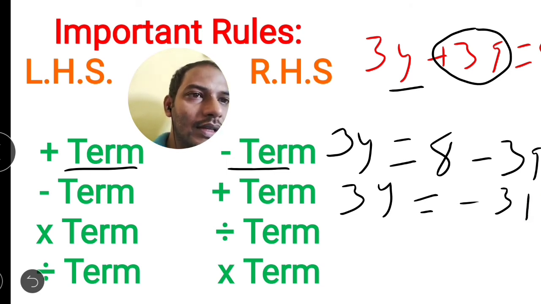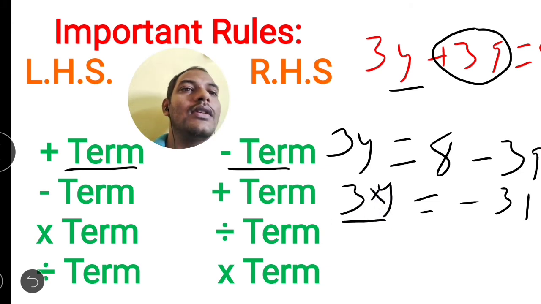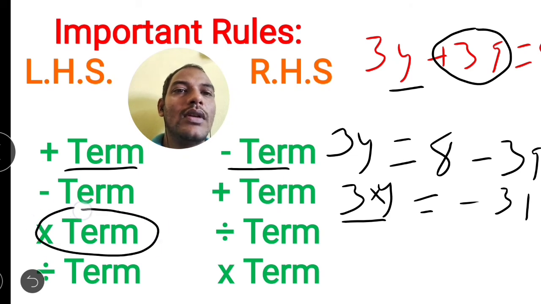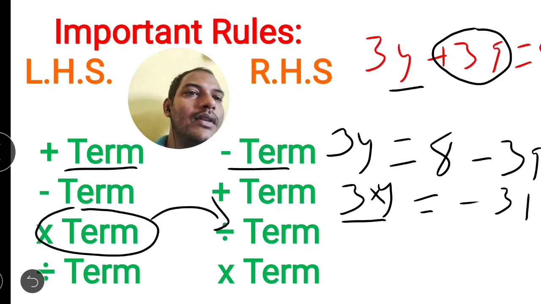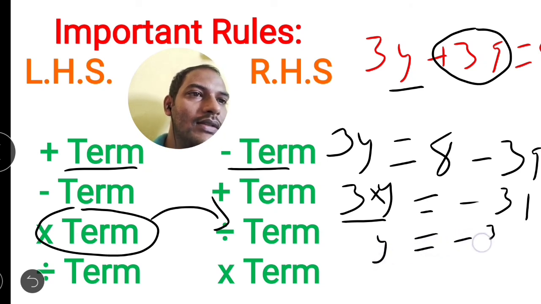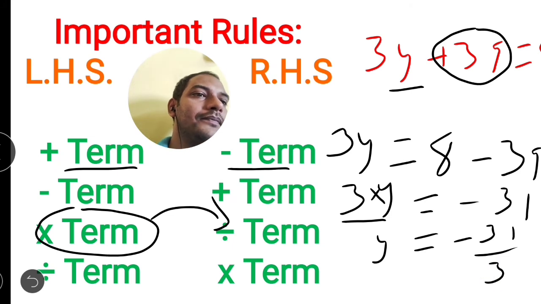So now to get the y value, 3y means 3 into y. So 3 into y, the multiplication term transposed to the RHS side, will become division. That is why y equals minus 31 divided by 3.